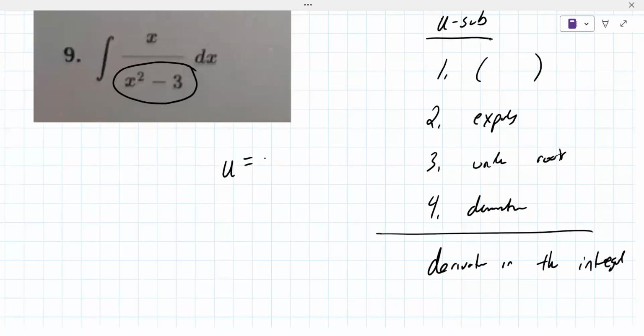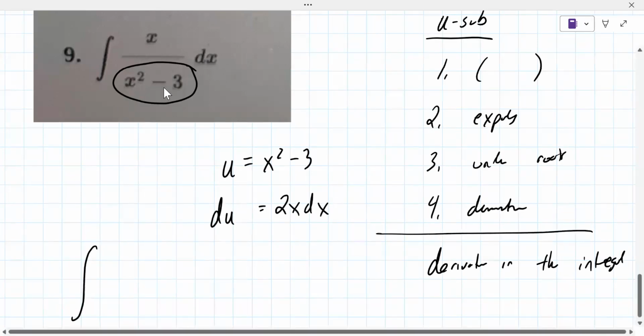So if you let your u equal x² minus 3, could you tell me du? It would be 2x dx, good. So now I want you to rewrite the integral.